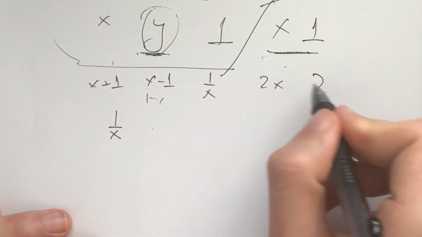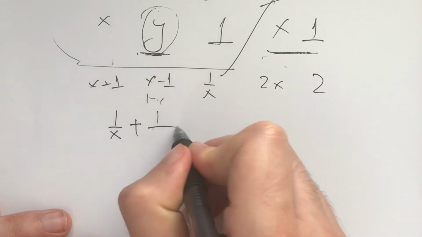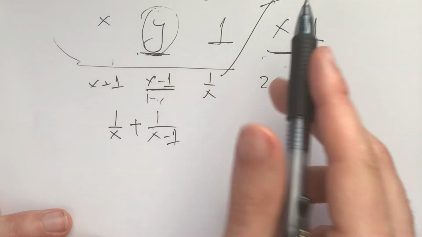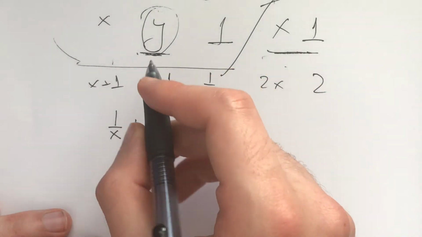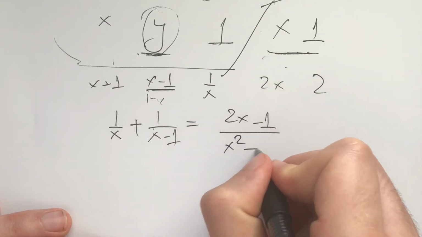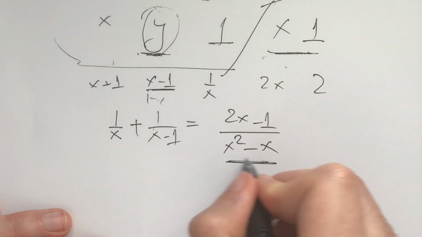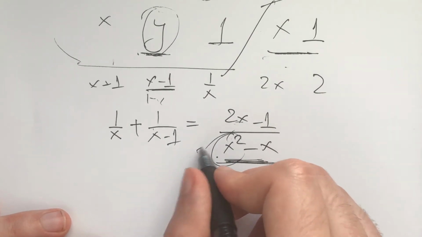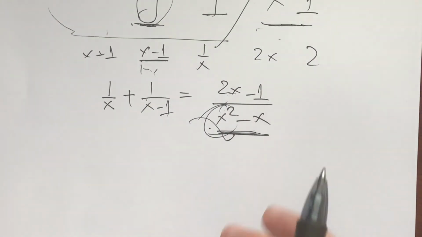So you have x and you have 1 as well. If I'm adding, say, this and the reciprocal of x minus 1, assuming x isn't 1, because if it is, we're done, what will I get? I'll get (2x minus 1) over (x squared minus x). I will get a square that I didn't have before. So this is how we're going to be having squares.